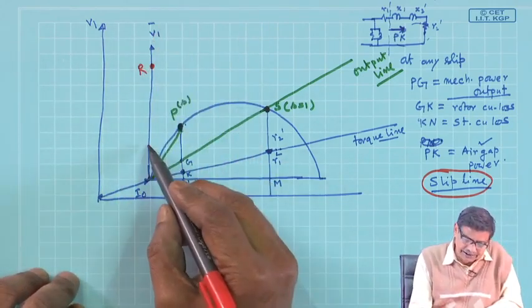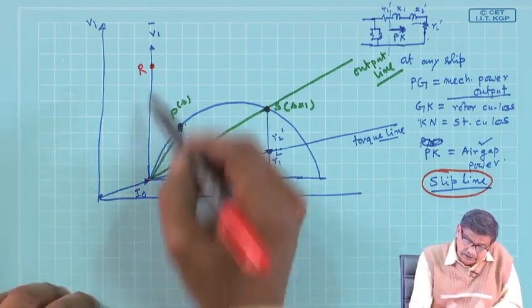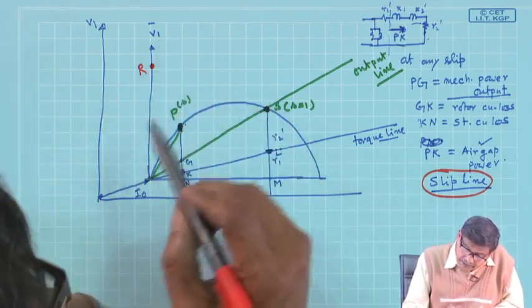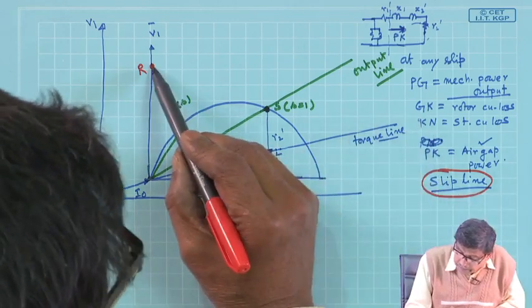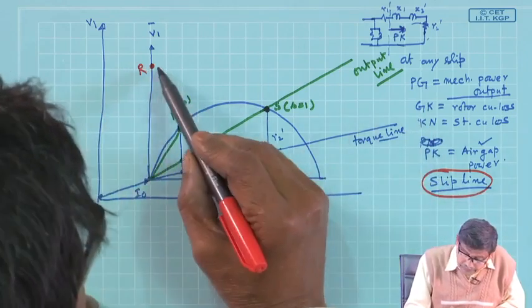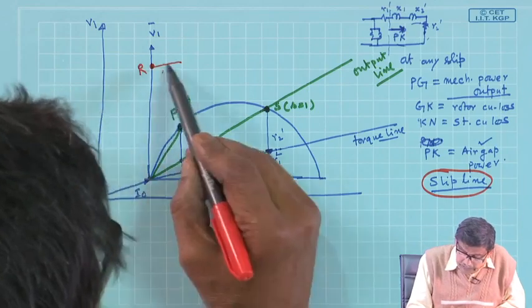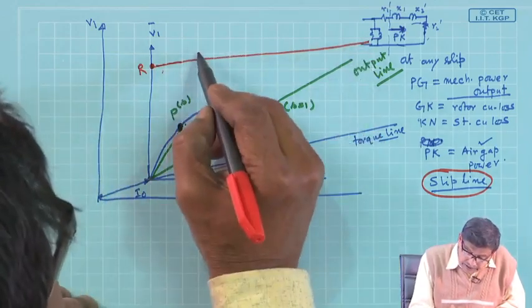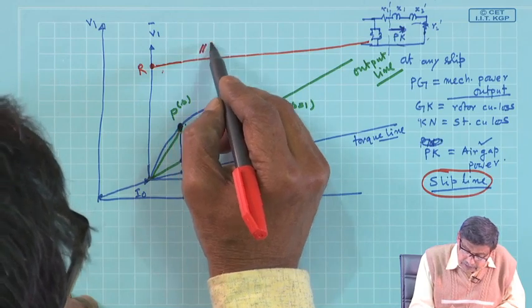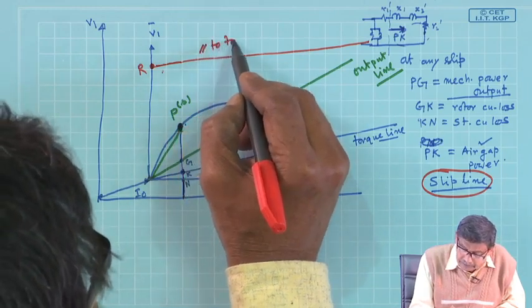You could select it here, but it will become very clumsy. So, take it above and draw a line parallel to this torque line. So, this line is parallel to torque line.